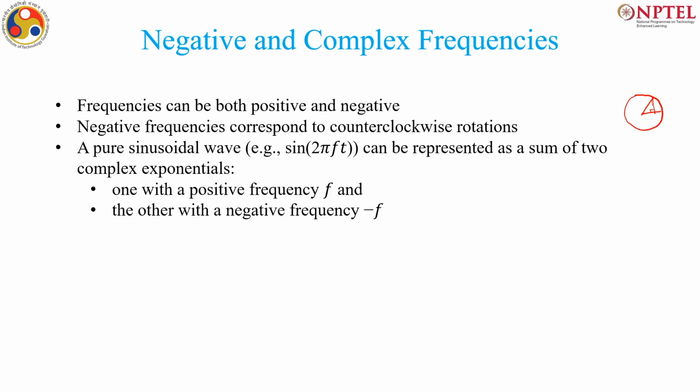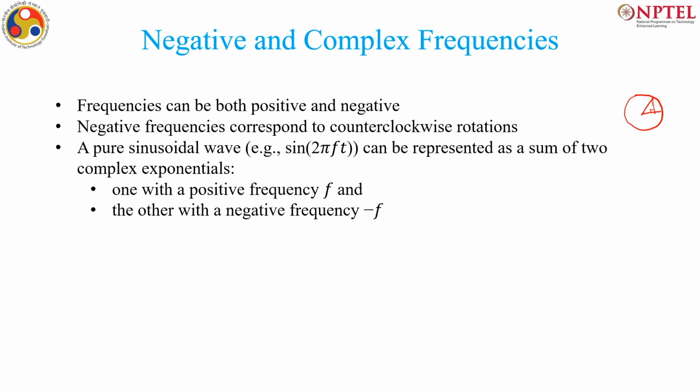So, naturally if you see the Euler's expression, here also you get that sine can be expressed as the sum of e power i theta and e power minus i theta. So, these two are the complex components of the sine. Similarly, cos will also have an e power i theta and an e power minus i theta.